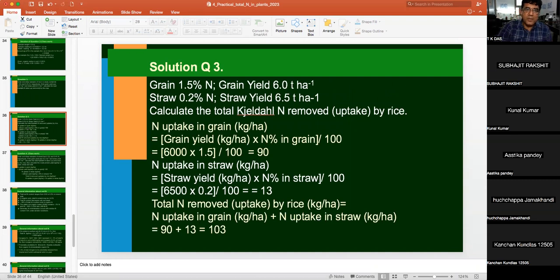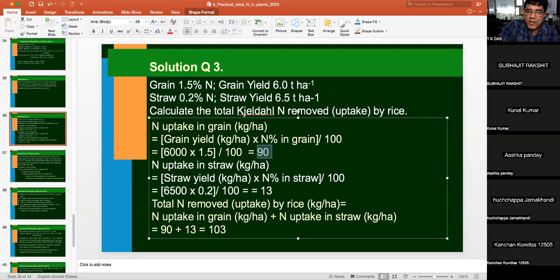So here you can see, N uptake in grain is grain yield into nitrogen percentage in grain divided by 100. So you get 6,000 into 1.5 divided by 100, which is 90 kg nitrogen per hectare in grain. And N uptake in straw is straw yield in kg per hectare into nitrogen percentage in straw divided by 100. 6.5 into 1,000 into 0.2 divided by 100.